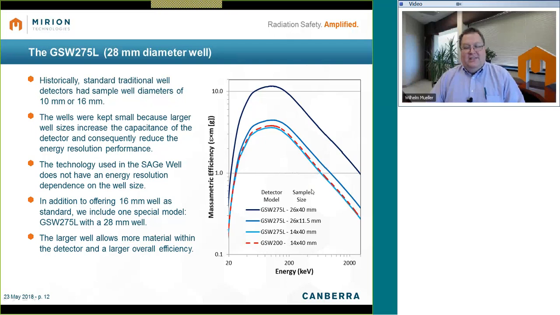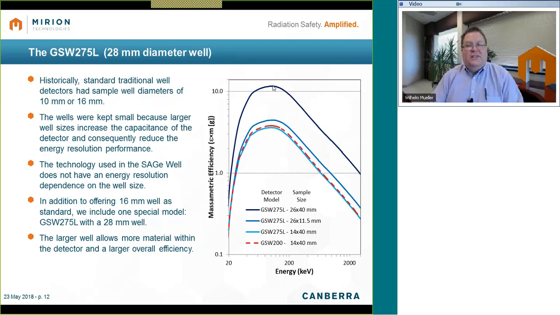Now, if we take that same vial and fill it to the top of the well, one can see then the advantage of the increased mass that you can put into the well detector to improve the massic efficiency even more dramatically.